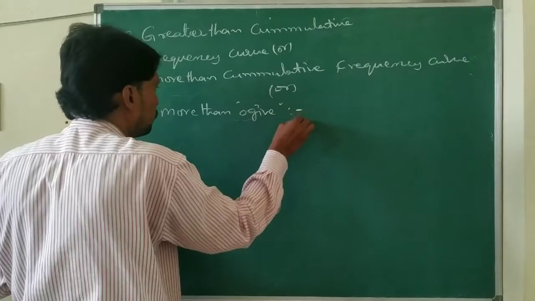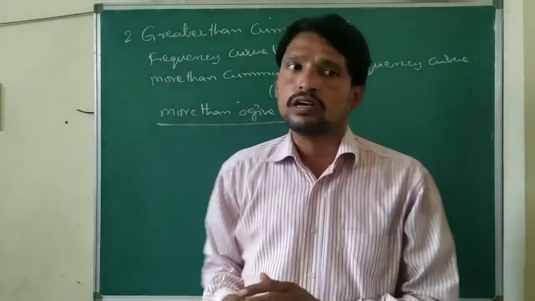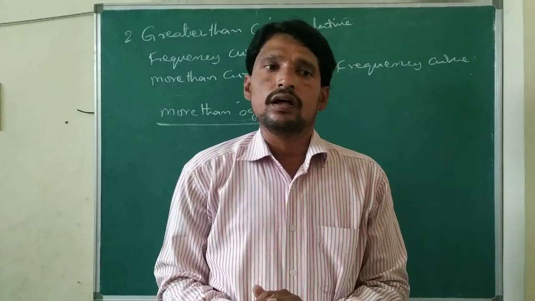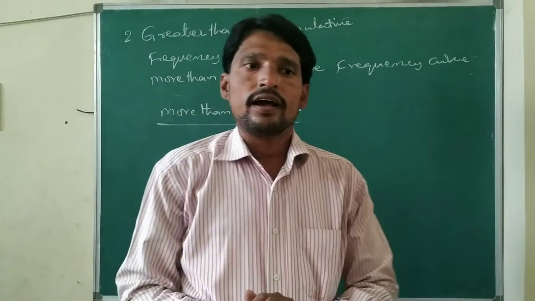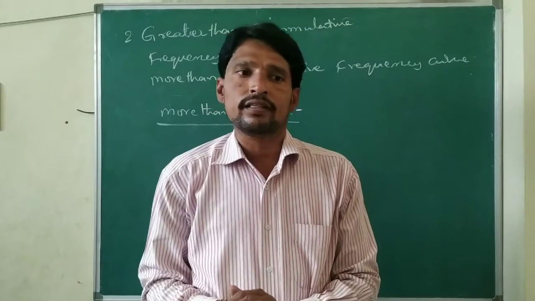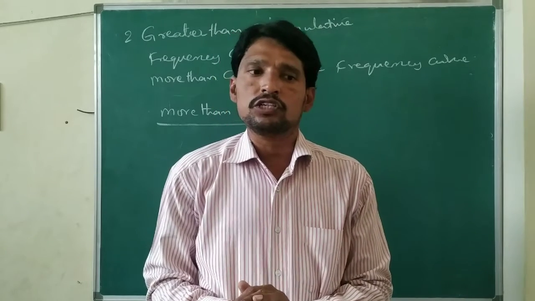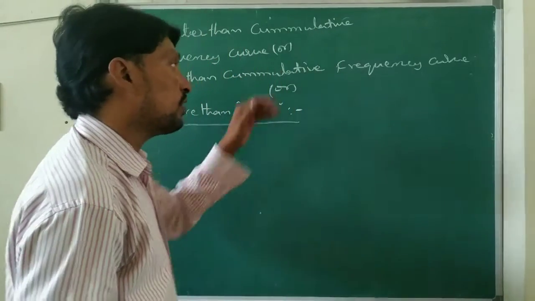How can we construct the greater than cumulative frequency curve? Plot the points with the lower limits of the classes as x coordinates and the greater than cumulative frequencies as the y coordinates. Then the points are joined by free smooth hand to get the greater than cumulative frequency curve.